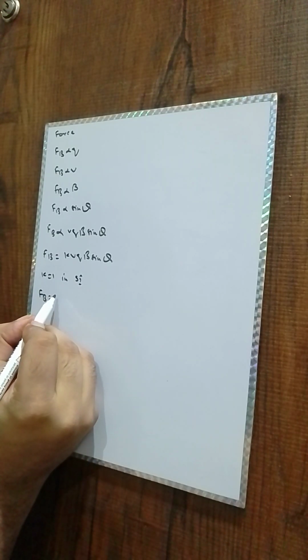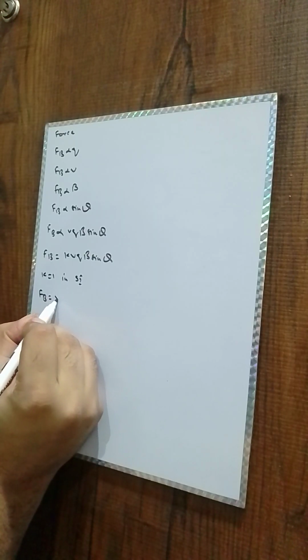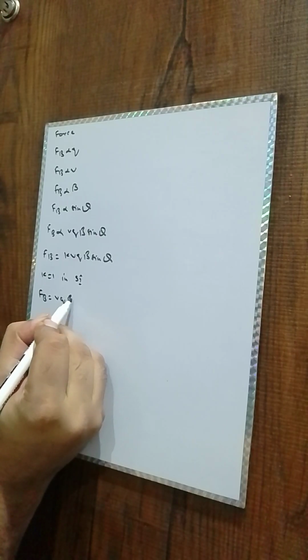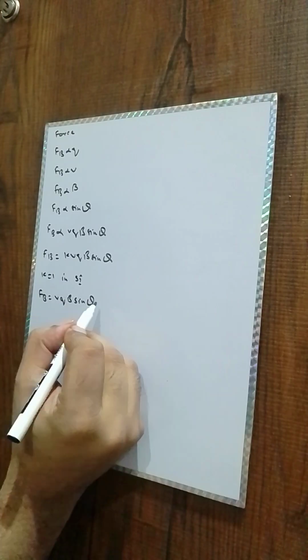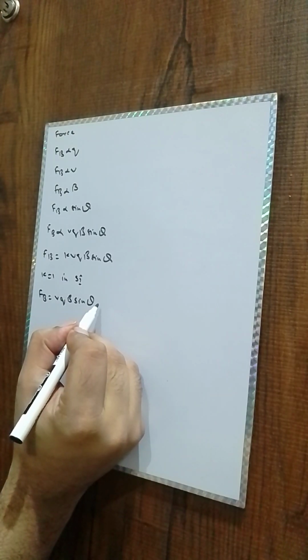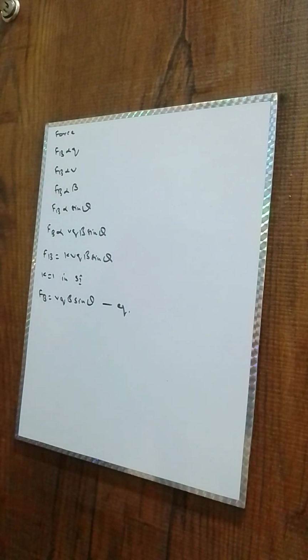So Fb is equal to vqB sine theta. We already know this, but this is another way of approximating the general form.